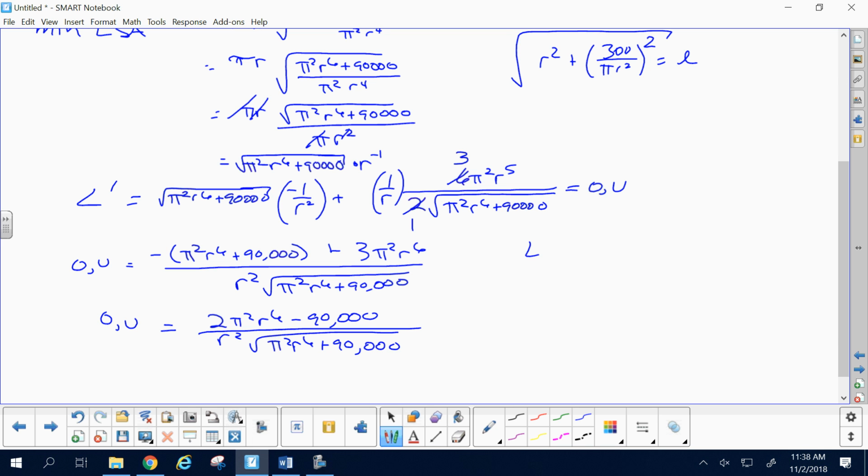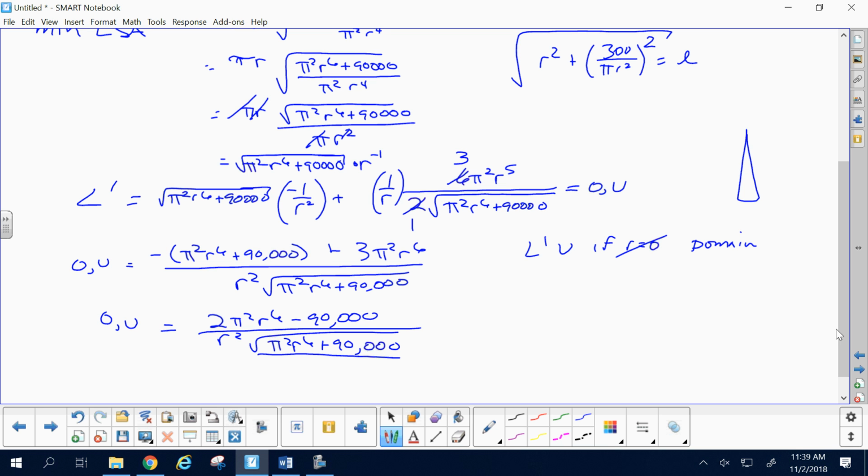Now, L prime is undefined if r is 0, which is silly. That cone cannot have a 0 diameter. That's not in the domain, or 0 radius, so that's out. The root can't be 0 because even power plus 90,000 can never be 0.